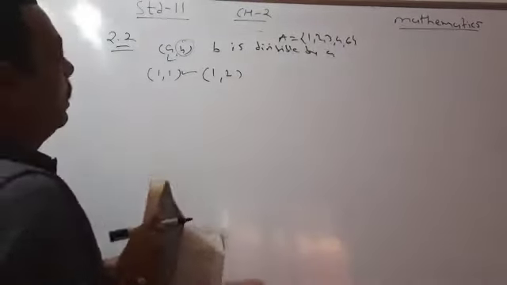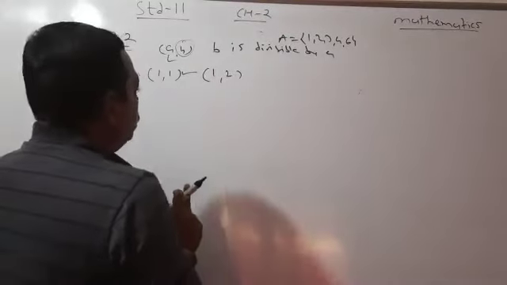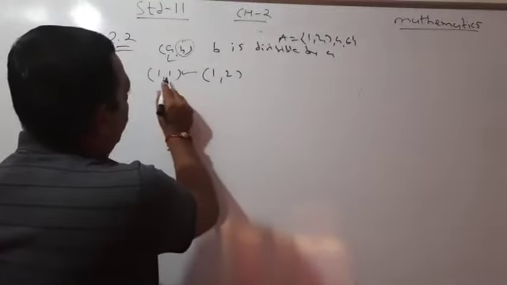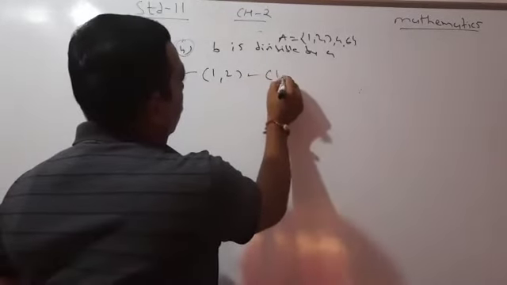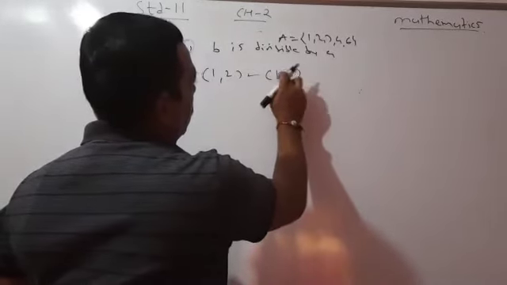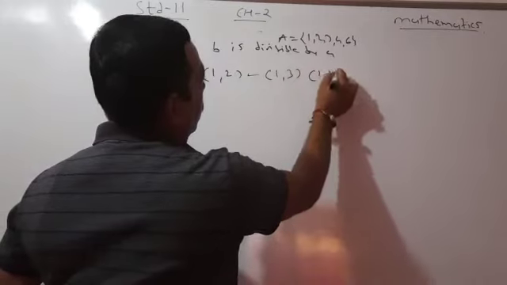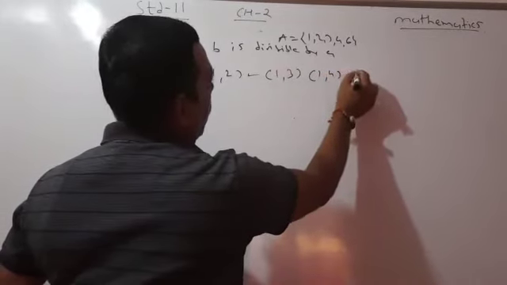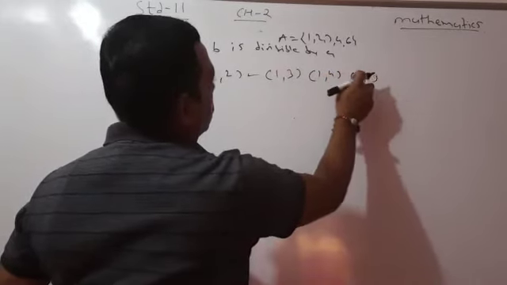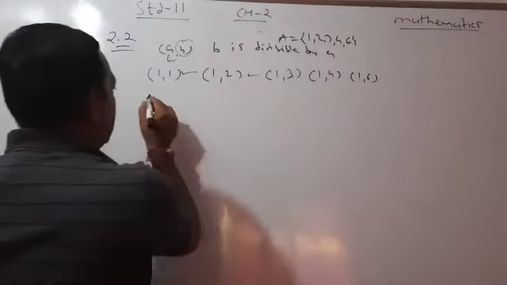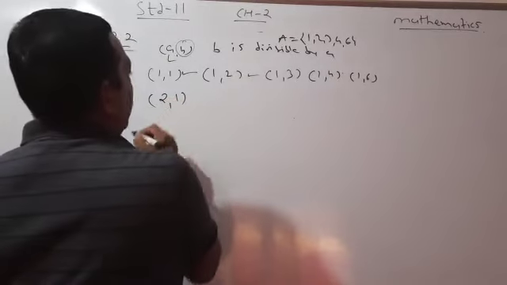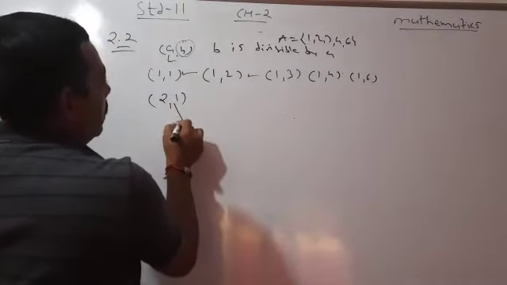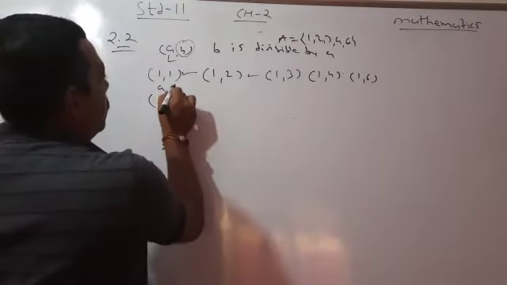First of all, (1, 1) is there. (1, 2) is there because 2 is divisible by 1. (1, 3) is there because 3 is divisible by 1. (1, 4) is there, and last is (1, 6) because 6 is divisible by 1. Now if I write 2 and then 1, a is 2 and b is 1.